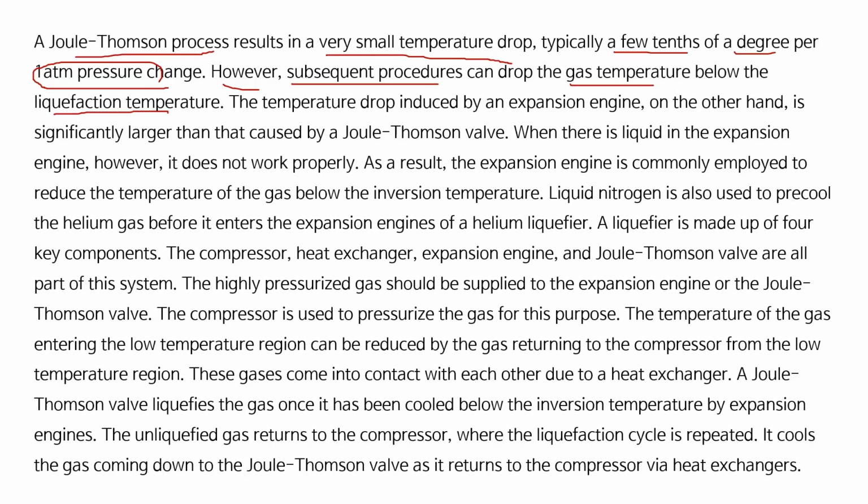The temperature drop induced by an expansion engine, on the other hand, is significantly larger than that caused by a Joule-Thomson valve. When there is liquid in the expansion engine, however, it does not work properly. So as a result, the expansion engine is commonly employed to reduce the temperature of gas below the inversion temperature.